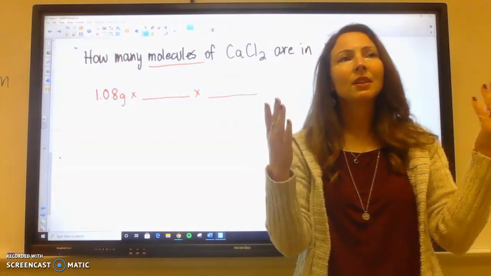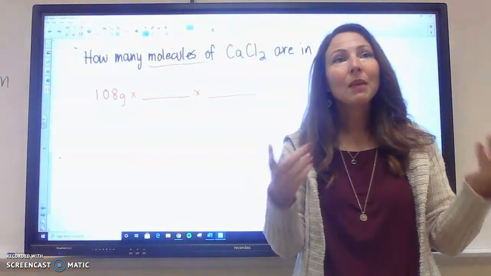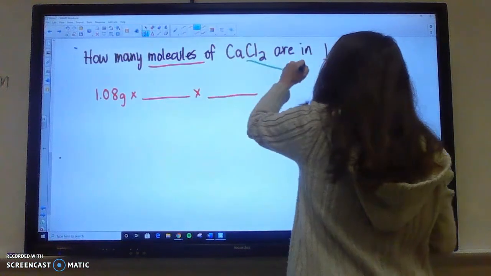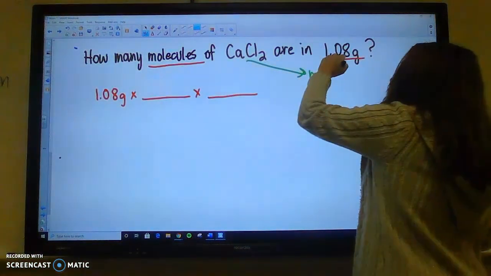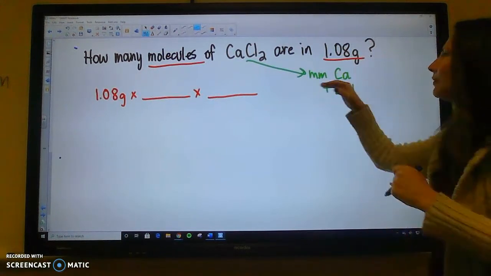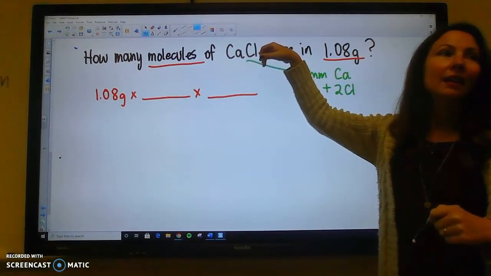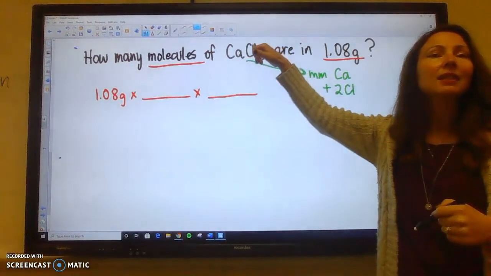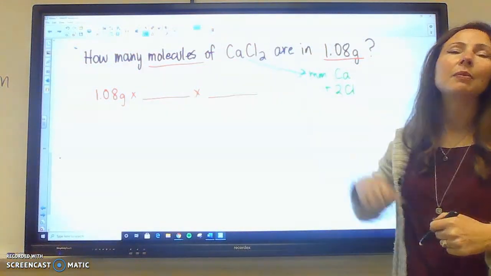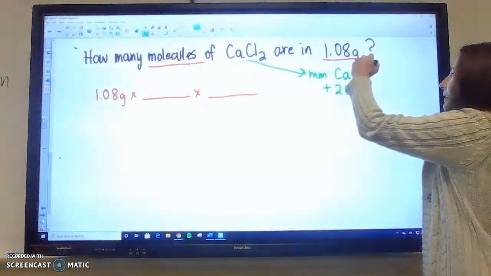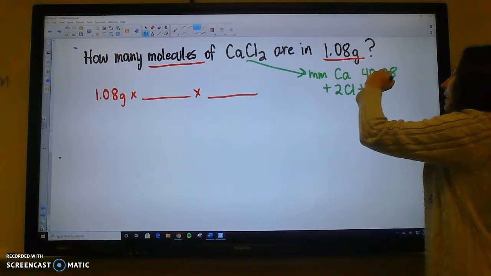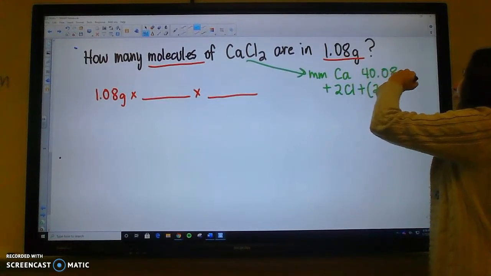Is it molar mass or is it Avogadro's number? Molar mass. So we're going to have to find the molar mass of calcium chloride. We're going to add calcium and 2 chlorines. Remember, if you see a C and something that looks like this, this is a capital C, lowercase l, not a capital C and a capital I. So calcium is 40.08, and then chlorine is 35.45.